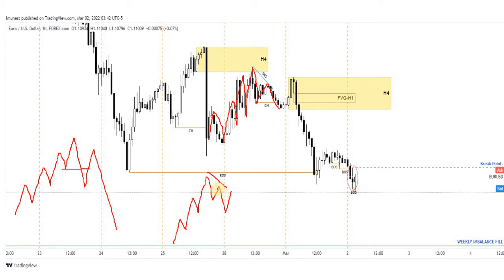Most times this is supposed to be the strong high, but now you can see that it was used as liquidity. In this case, it was used as liquidity inducement. So price went up, tapped into that point before coming down.